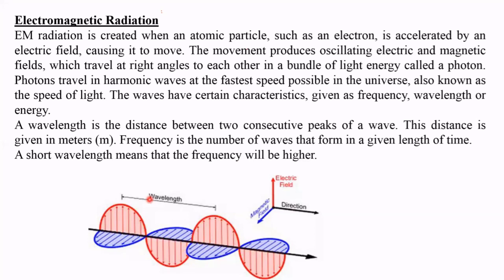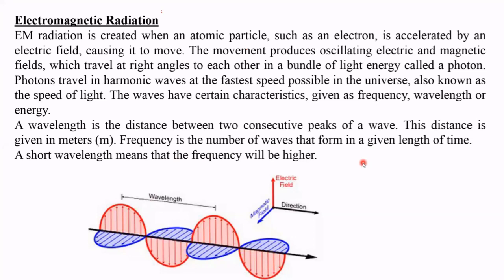If many waves are created within a small time, that is high frequency; if fewer waves are created in a particular time, that is low frequency. So frequency is the number of waves formed in a given length of time.